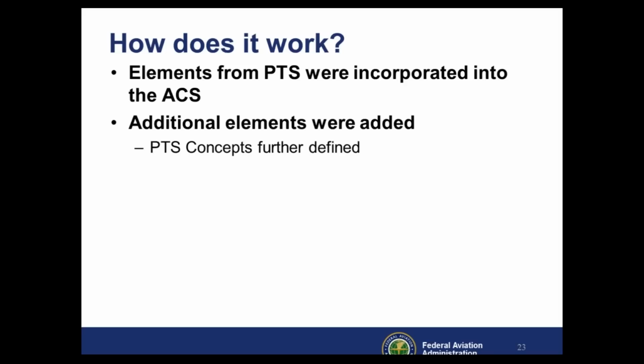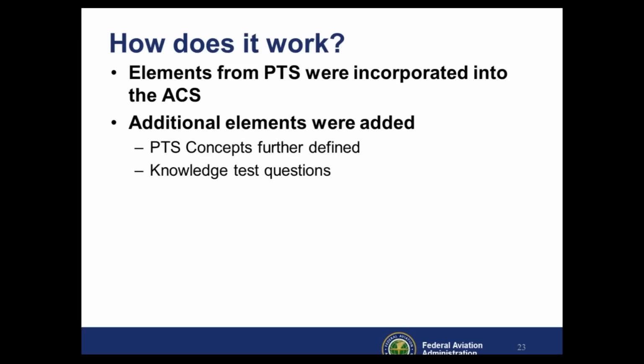For example, a single element in the PTS may have had 2 or 3 concepts built into it, and in the ACS we divided those up in some cases into individual elements. That would account for some of the growth in element count.